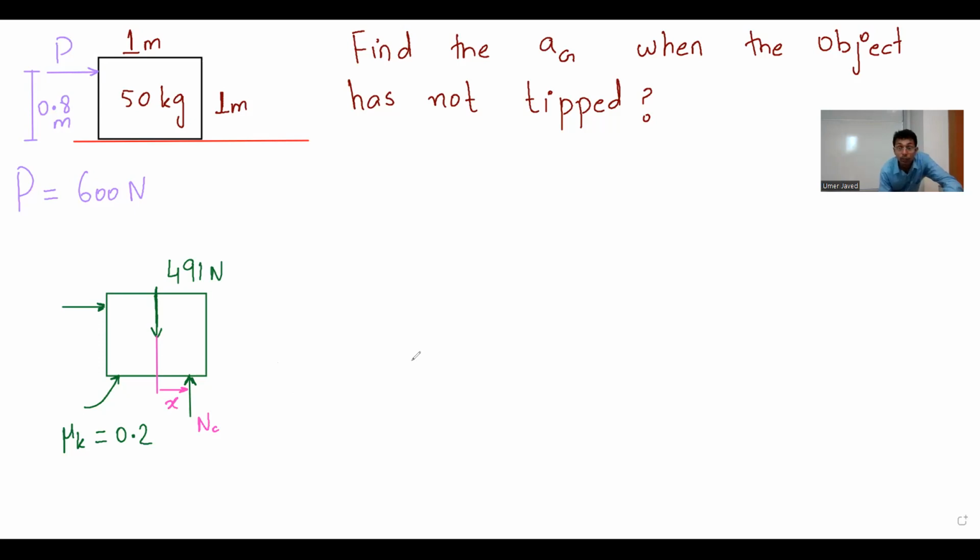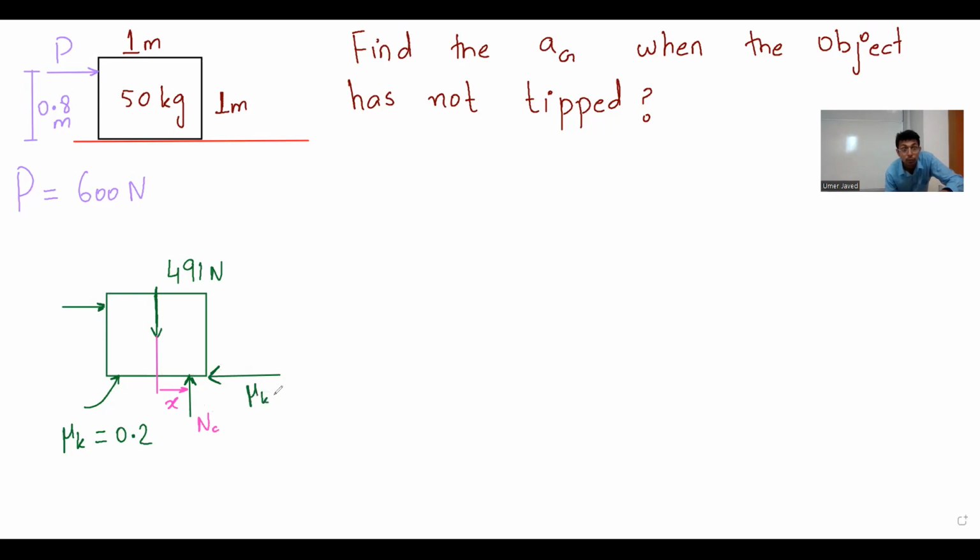Now, where would I put the friction? It will be in this direction, right? So it entirely depends on you where you want to put it. As long as it's in the horizontal direction, none of us has any problem with it.